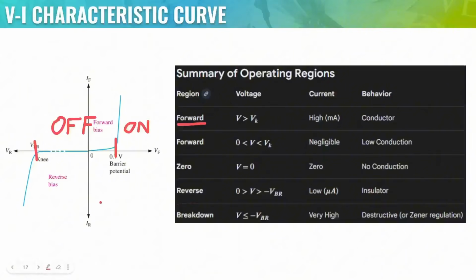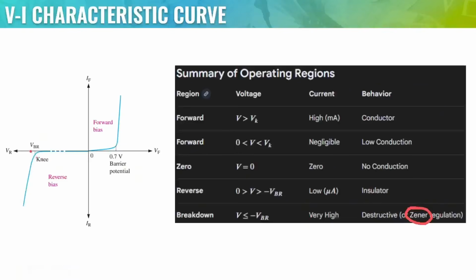And lastly, when it's past the breakdown voltage, it's going to start conducting current in the opposite direction, which we do not want, since the main purpose of a diode in the first place is to make sure that we are moving current in one direction to prevent reverse current. Unless, of course, we are using special diodes like Zener diodes.